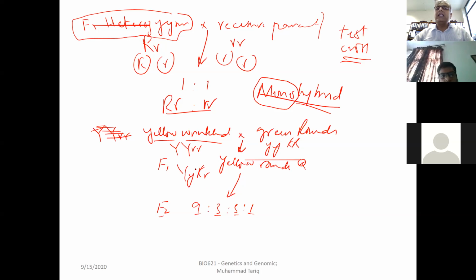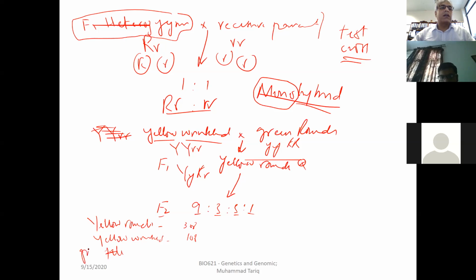And when he looked at F2, he received, for example, yellow rounds, something like, let's say, 308 or so. He had yellow wrinkled, you know, 108 or so.